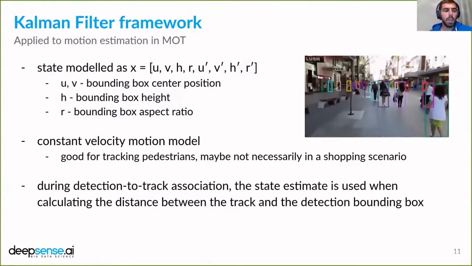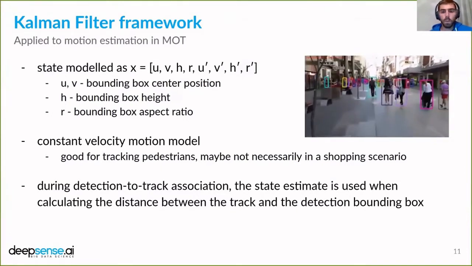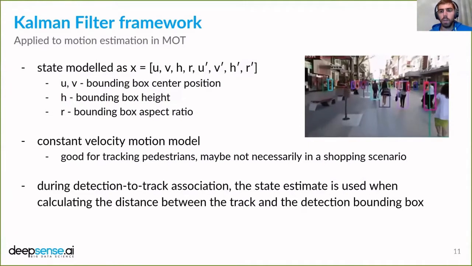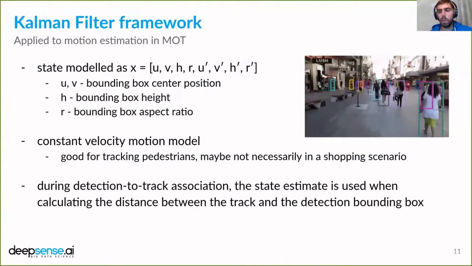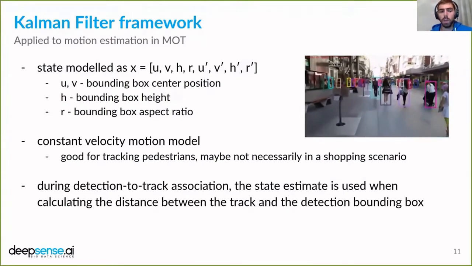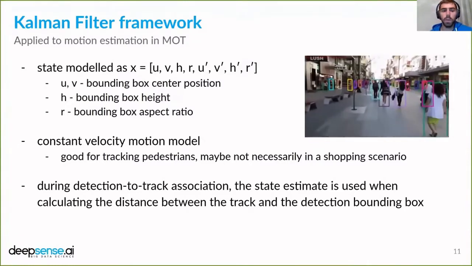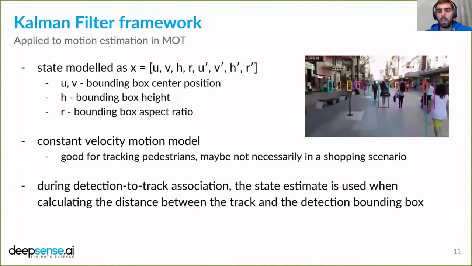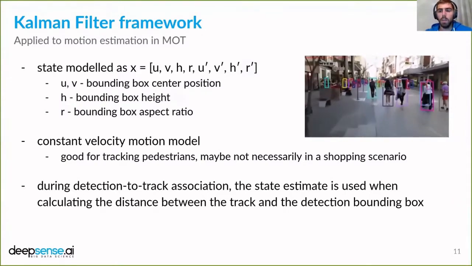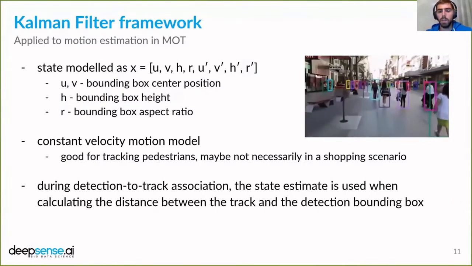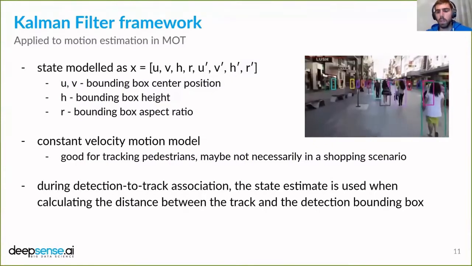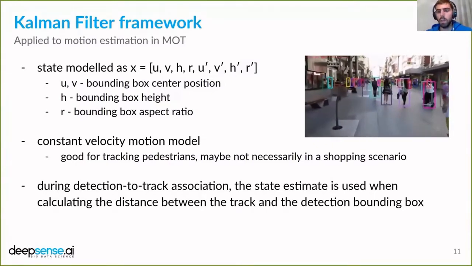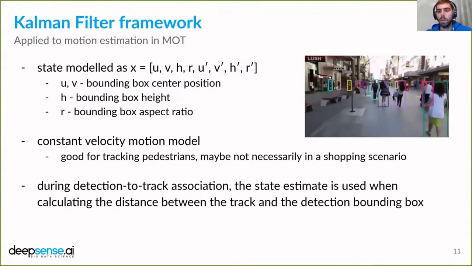A very important assumption that is used in this framework, used, for example, in SORT and the following algorithms as well, is the assumption of constant velocity motion. As you can see on the animation, it may be fine for tracking pedestrians because approximately they are moving with a constant velocity on a straight line.